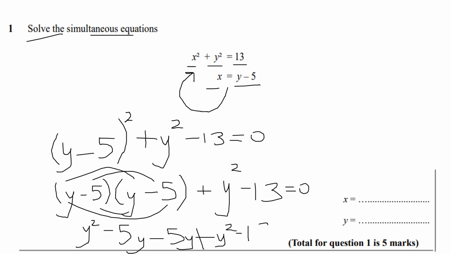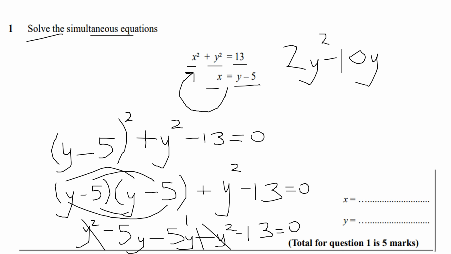Now I'm going to collect like terms on the left-hand side of my equation. So y squared plus y squared makes 2y squared. Minus 5y subtract 5y, we're going to get minus 10y. Oh yeah, sorry, I've got the plus 25.